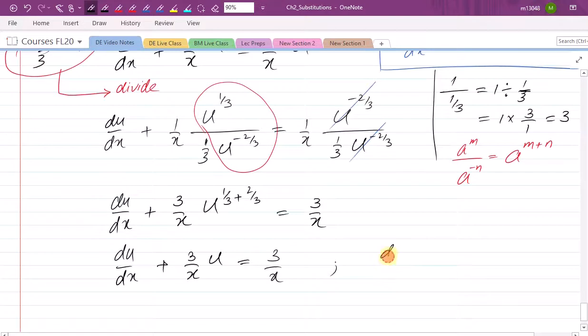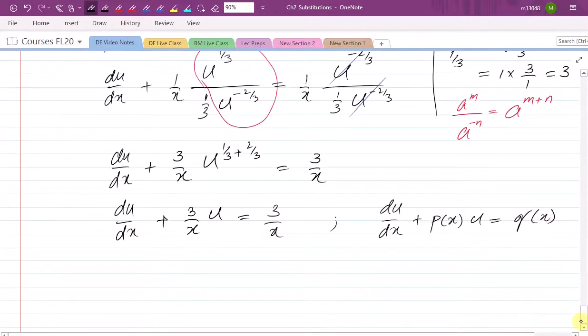Very clearly it is linear in u, plus 3 by x outside, p of x u equals q of x.